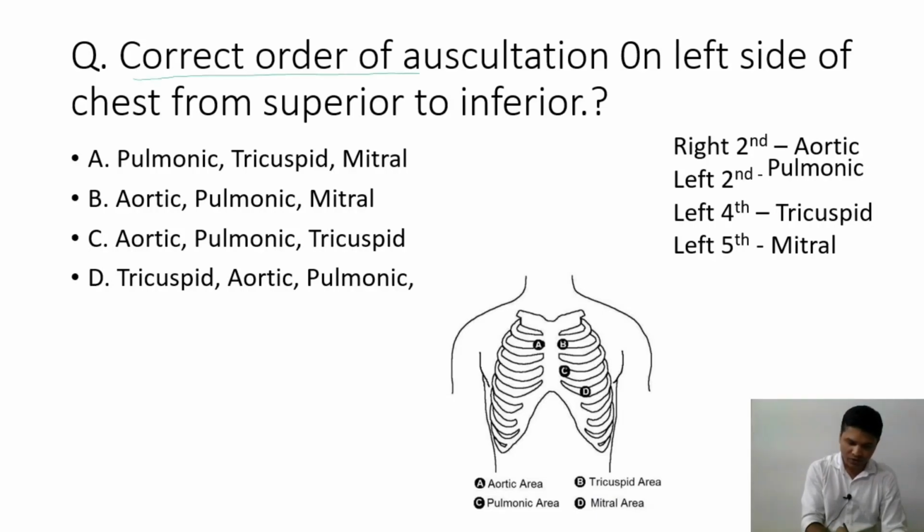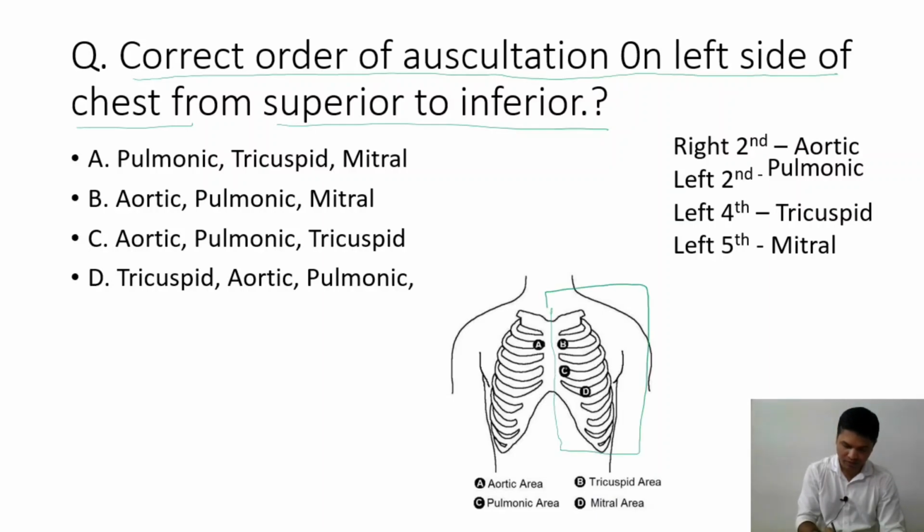Correct order of auscultation on the left side of the chest from superior to inferior. So we are talking about the left side of the chest. This side is the left side and this is the right side. Superior to inferior means you have to go from this direction to this direction.